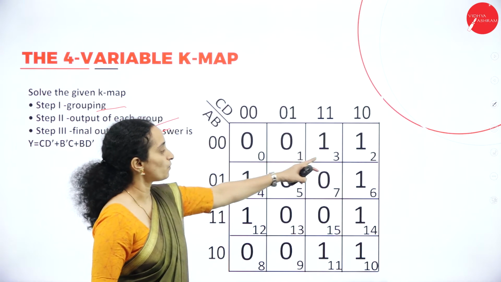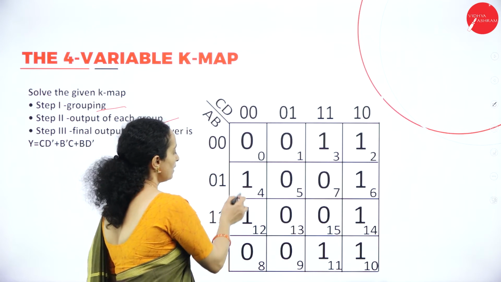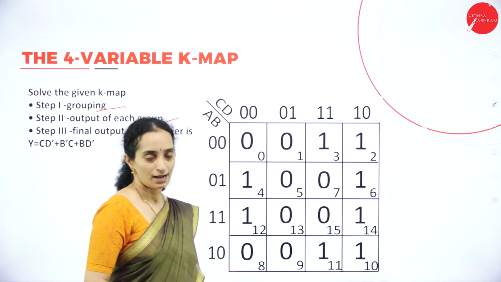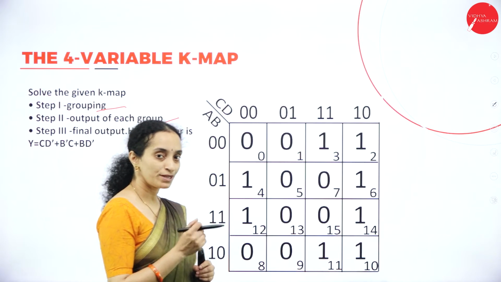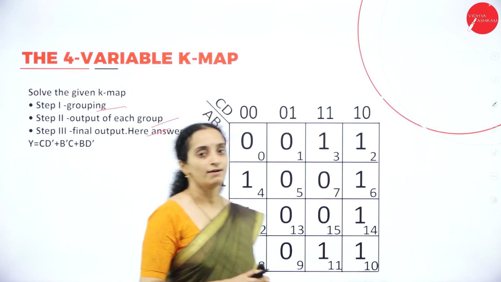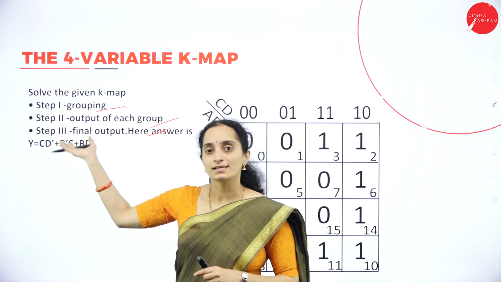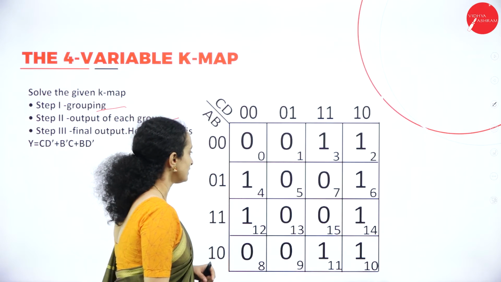You have the expression where you have 1 in all these combinations 0, 1, 2, 3, 4, 5, 6, 7. How many groups can you make? How many variables can you make? I have given you the answer. But how can this be obtained? Let's check with this.